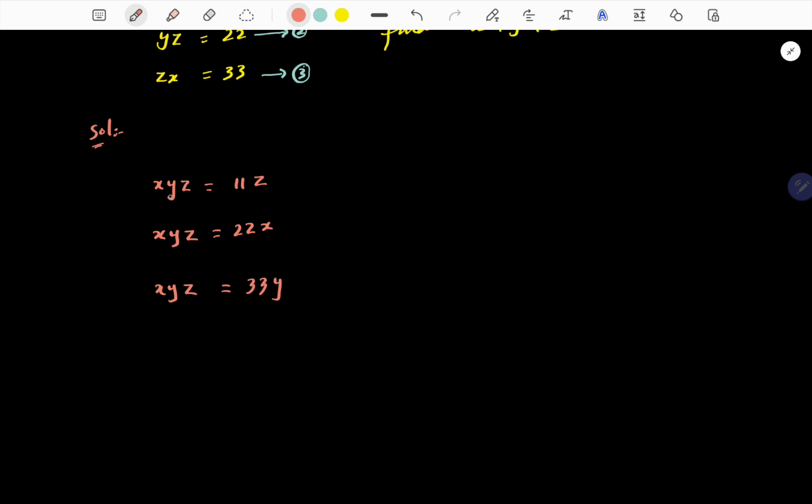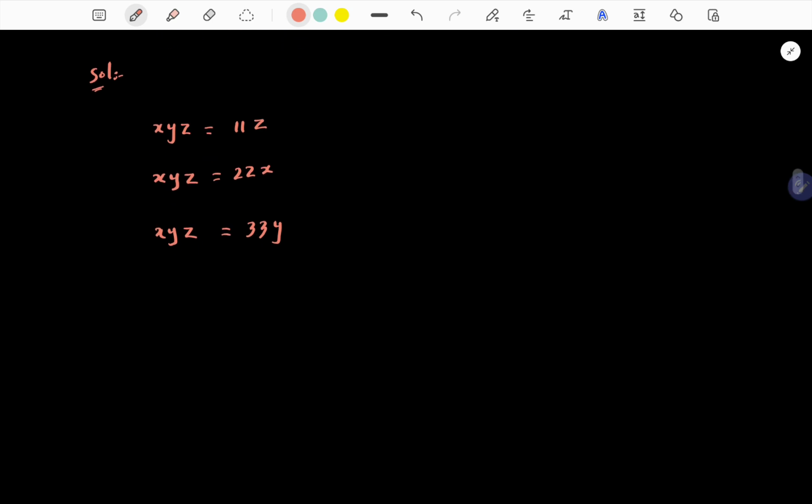We can see that on the left side there is xyz in each equation. So it means 11z is equal to 22x is equal to 33y.